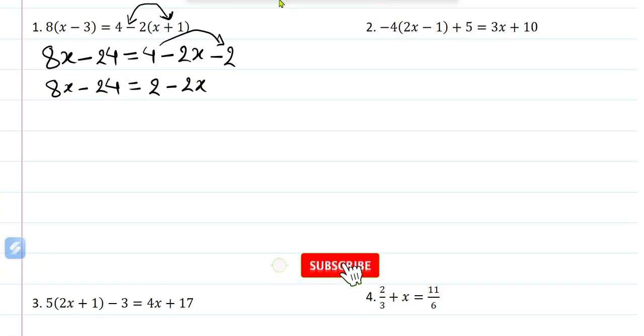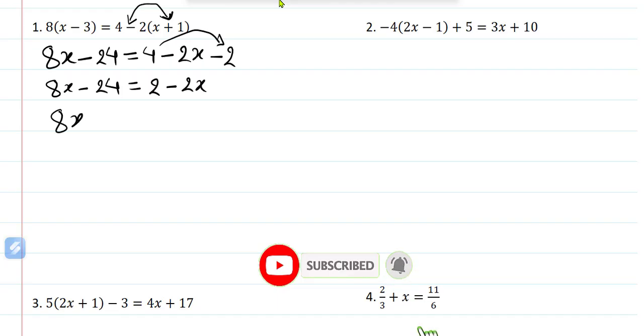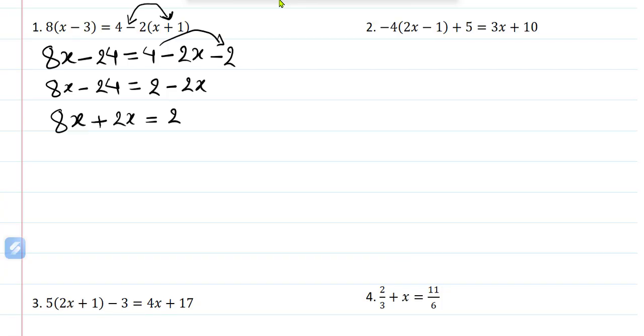So here simply we write 8x. Now this minus 2x will be here plus 2x and 2, and because of this minus 24 we just write here plus 24. So simply a rule is like if a plus x is equal to b plus y, when you change the side we simply write a minus b.